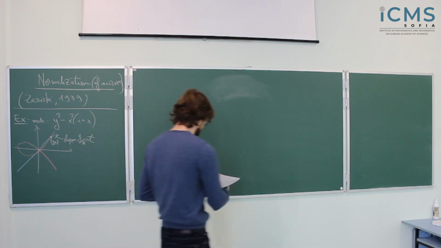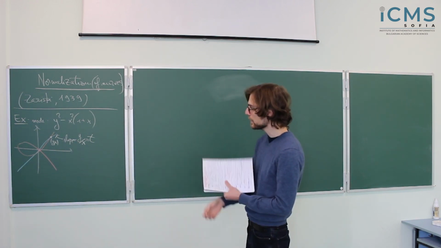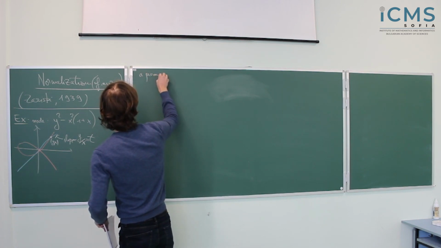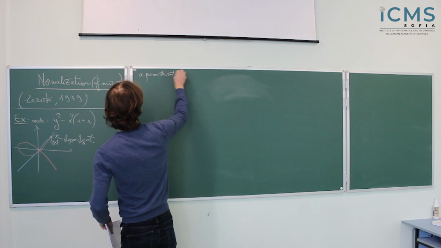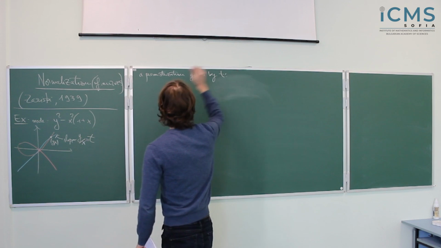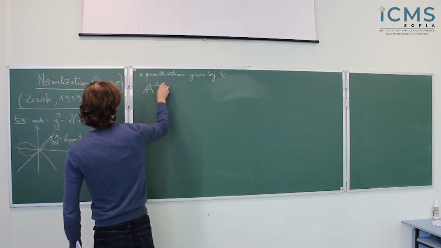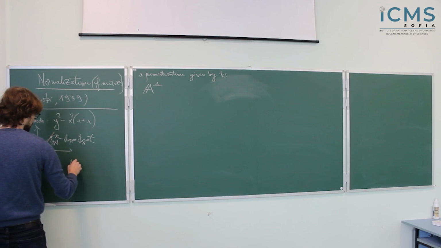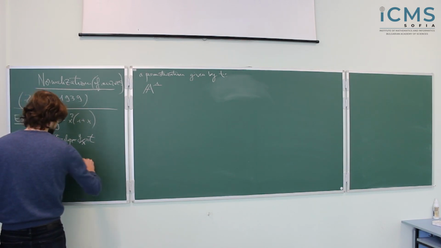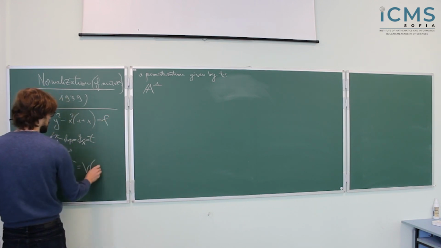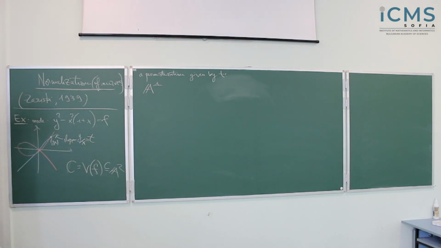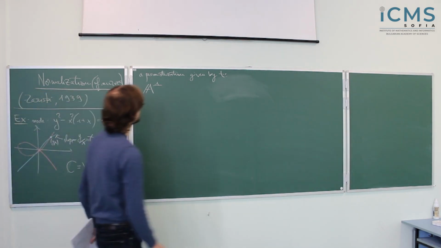We already know that. And we found a parametrization given by t. So this will be my polynomial, this will be my curve, and it will be inside the plane, whatever field you want.